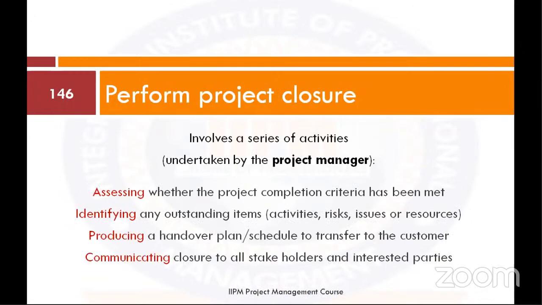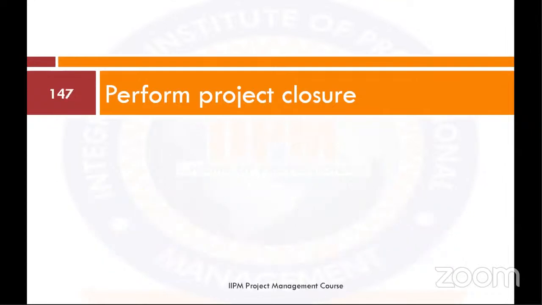Okay. Performing project closure involves a series of activities undertaken by the project manager. Basically, we're assessing whether the project completion criteria have been met, identifying any outstanding items like activities, risk issues, or resources, producing a handover plan or schedule to transfer to the customer, and communicating closure to all stakeholders and interested parties.